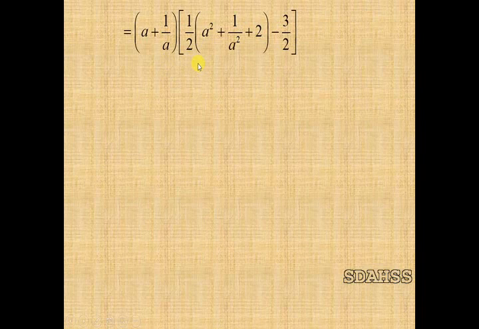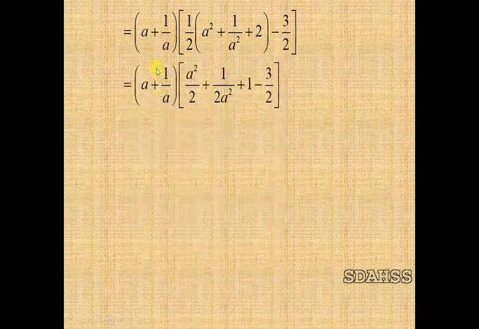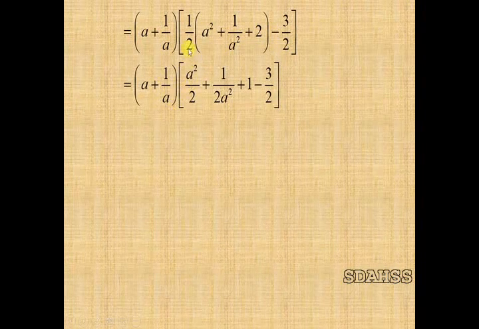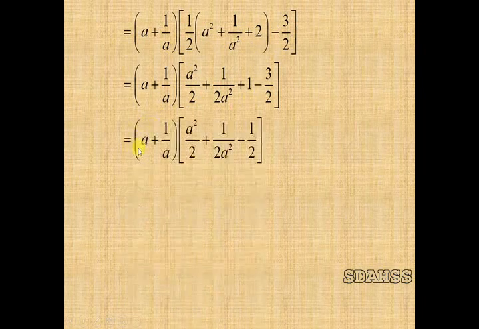The expansion of a plus 1 by a whole square is a square plus 1 by a square plus 2, minus 3 by 2, which is equal to a plus 1 by a. Multiply 1 by 2 inside the bracket. So you have a square by 2 plus 1 by 2 a square plus 1 by 2 into 2, 1, minus 3 by 2. That is equal to a plus 1 by a into a square by 2 plus 1 by 2 a square. 1 minus 3 by 2 means minus 3 by 2.